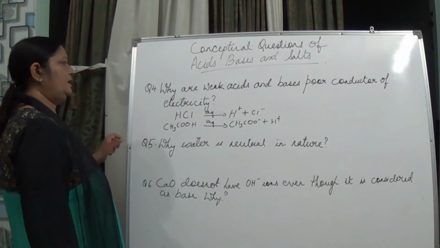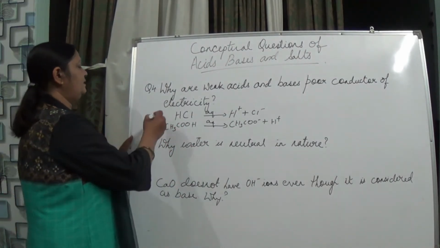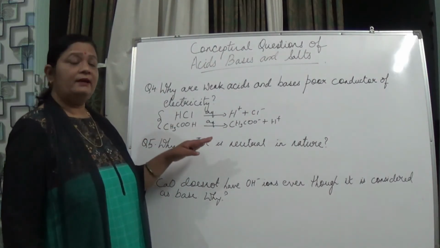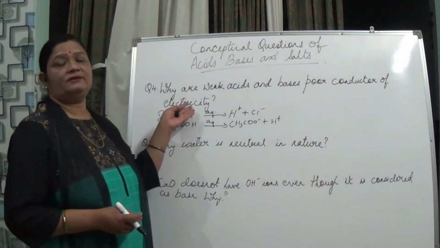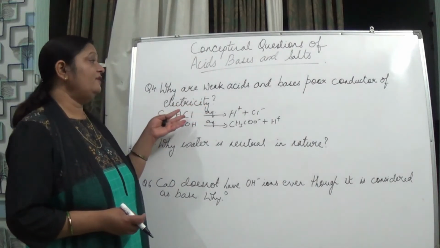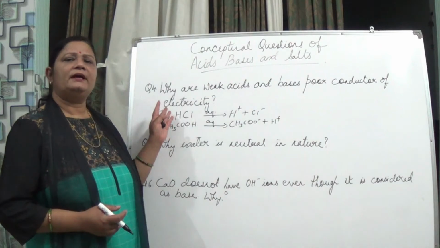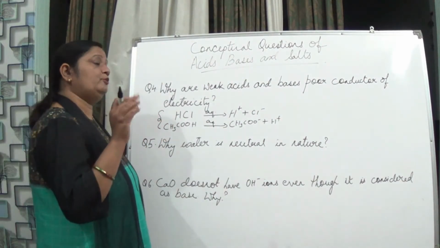So here both are acids. Naturally, if total ionization is there, the conduction of electricity will be more, and if only partial ionization is there, then there will be conduction, but it will be very feeble, or only poor conduction.